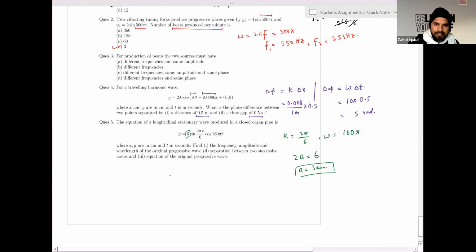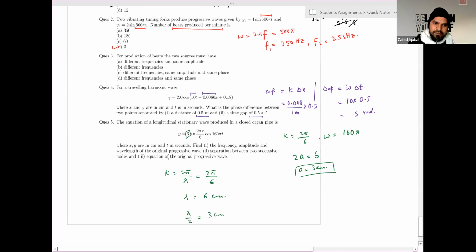So first calculate lambda. k equals 2 pi by lambda, which equals 2 pi by 6. So lambda is 6 centimeter. So lambda by 2, that is the difference between two adjacent nodes, will be 3 centimeter.